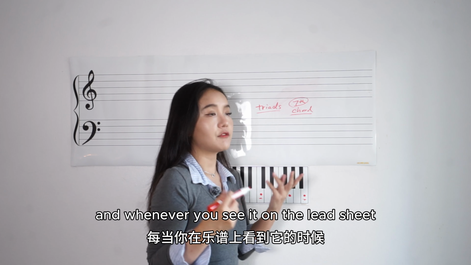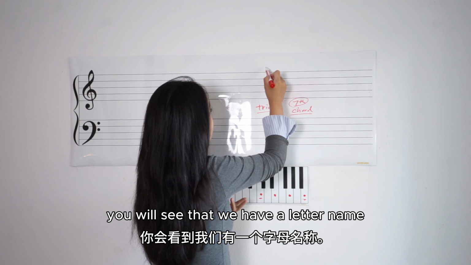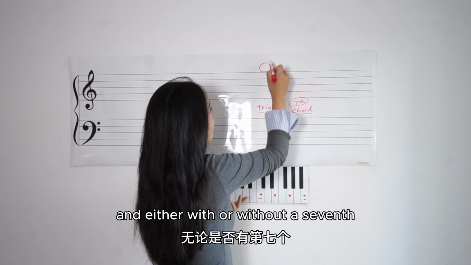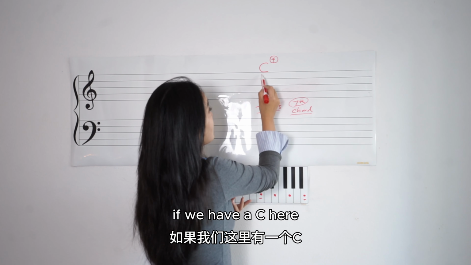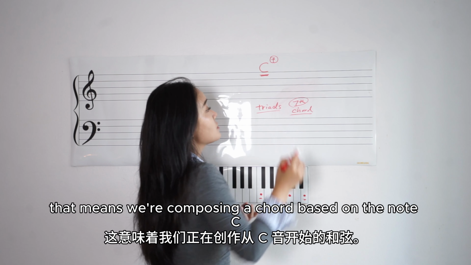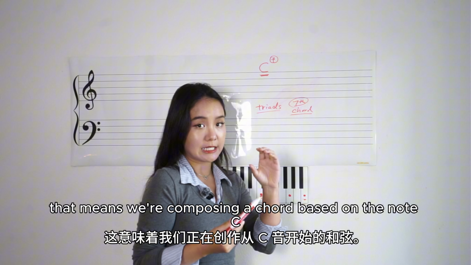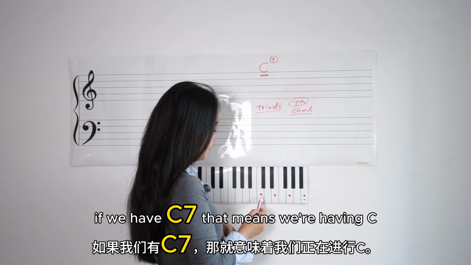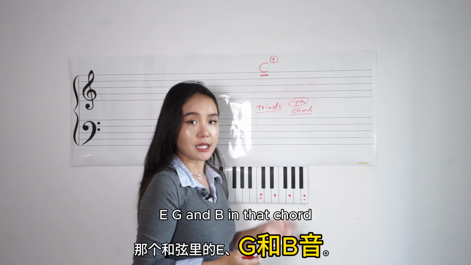And whenever you see it on the lead sheet, you will see that we have a letter name, either with or without a 7th. If we have a C here, that means we're composing a chord based on the note C. If we have C7, that means we're having C, E, G, and B in that chord.